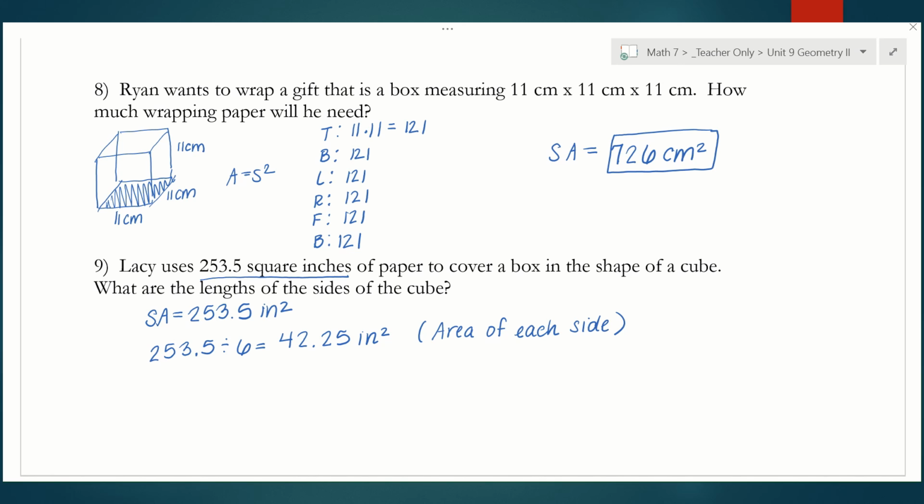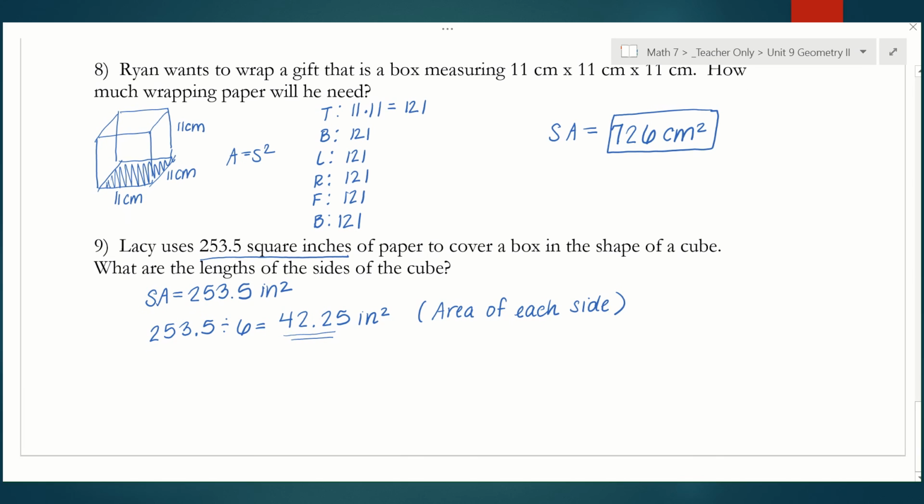So let's think about if each side has an area of 42.25, how can I figure out what the lengths of the sides were? Well, to figure out the area of a square, which is what the sides of a cube are, you would have to say what number times itself gives me 42.25. Well, that sounds like a horrible thing to have to guess and check to figure out. And so one way that we can do this, and we did this with circles, is we can take the square root.